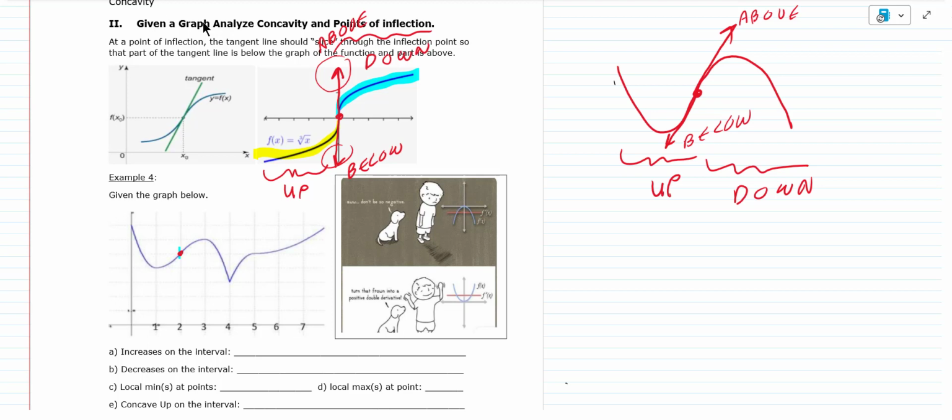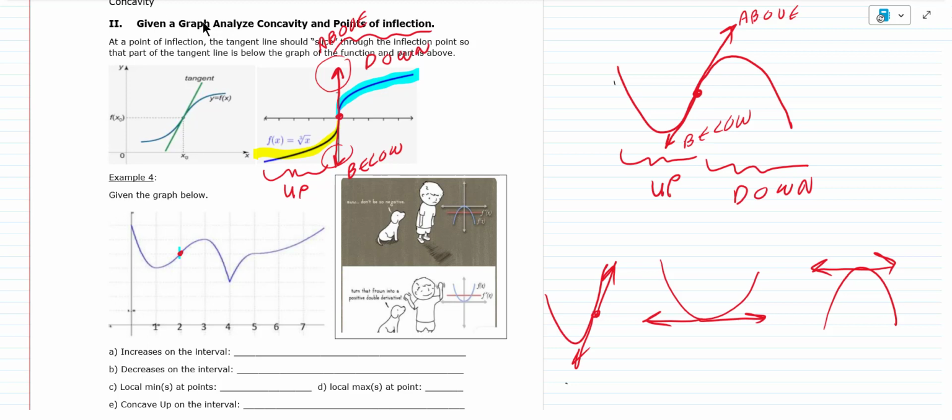Any other place, like for instance, if you have a tangent line there, well, you're always below, aren't you? Or if you have a tangent line here, you're always above. Or if you have a tangent line here, you're always below. That's what's special about an inflection point. It slices through the graph in that way. Does that make any sense to you? Okay, now that's an important thing to visualize.